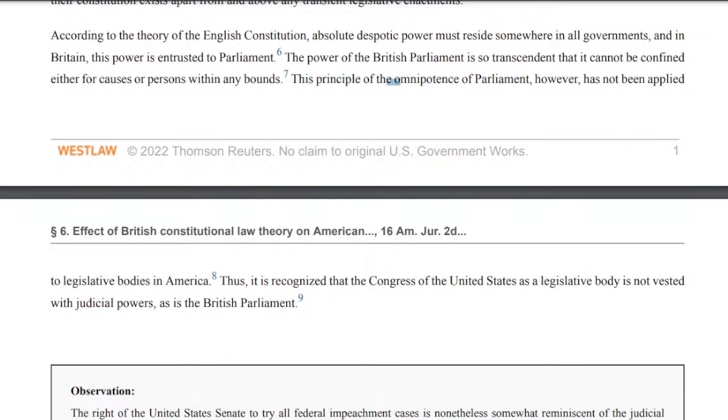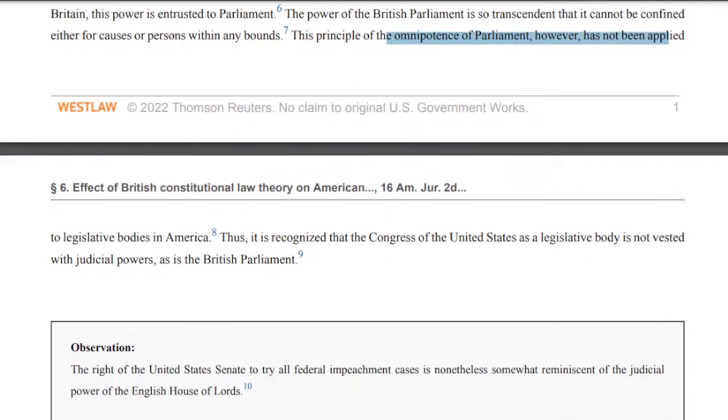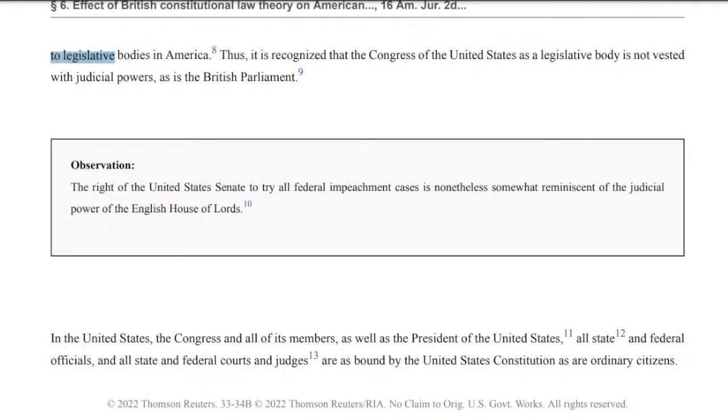The principle of the omnipotence of Parliament, however, has not been applied, fortunately, to the legislative bodies in America. Thus, it is recognized that the Congress of the United States as a legislative body is not vested with judicial powers, as is the British Parliament.